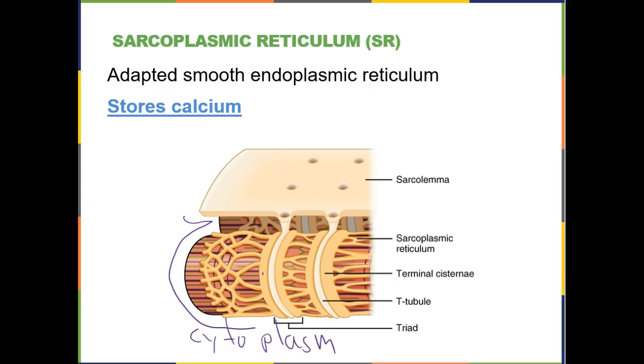So you want to think of the sarcoplasmic reticulum as like a storage closet. If there's a tool that you need to use or something that you want to work on your desk, you can't use it if it's in the storage closet. So it keeps the calcium separate from all of the parts of your myofibrils that are actually going to be completing your contraction.